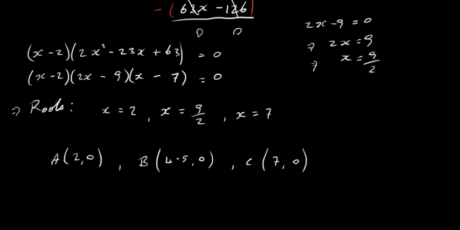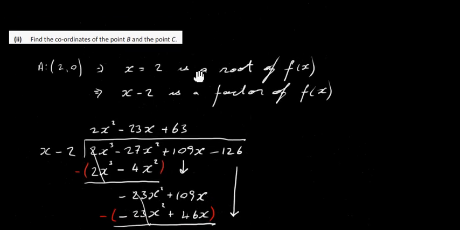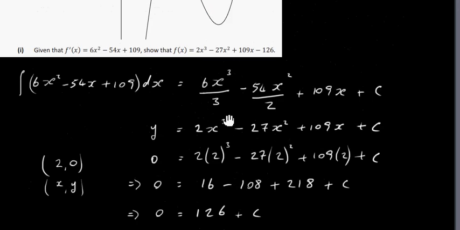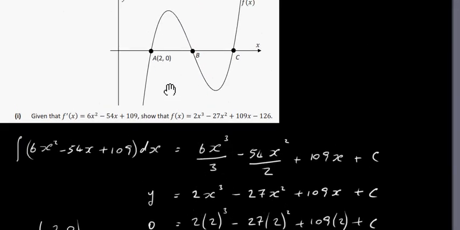That's all we were asked to do, I think. Let me just double check that before we move on. Find the coordinates of the point B and the point C. So we've done that. If you look at the graph here, we were given this. X is equal to 2 as a root, so x minus 2 is a factor. We divided x minus 2 into our function to find a quadratic function which we factorized. And because we had the 3 factors, we had the 3 roots then. And that's it for this particular question.